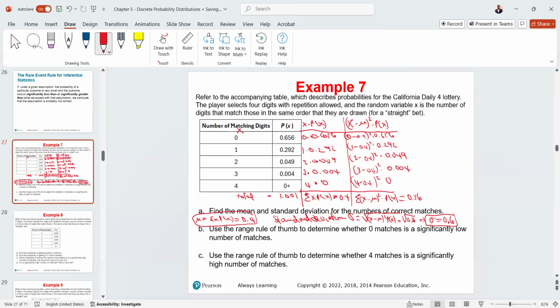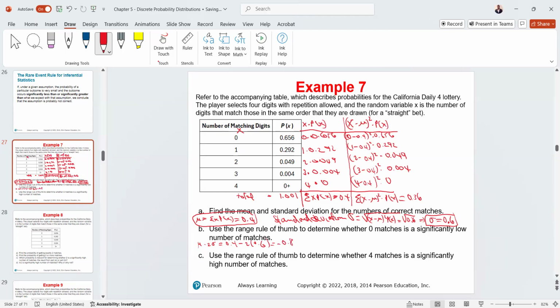We said use the rule of thumb to determine whether zero matches is a significantly low number of matches. What we can say here is that significantly low numbers of matches are less than or equal to mu minus 2 standard deviations. If you do 0.4 minus 2 times 0.6, the answer would be negative 0.8.